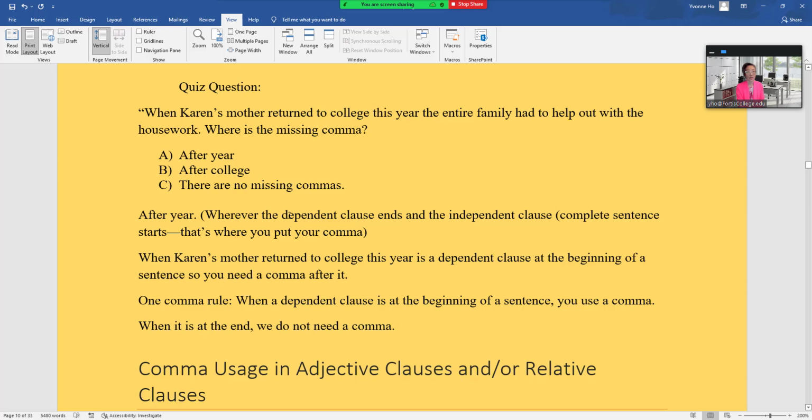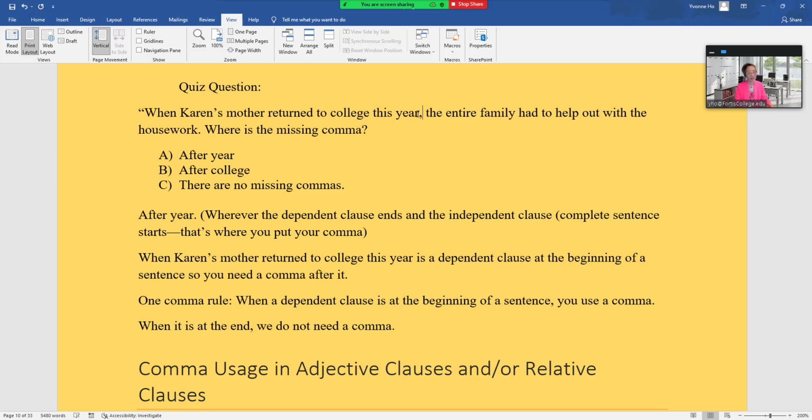Quiz question. "When Karen's mother returned to college this year, the entire family had to help out with the housework." Where is the missing comma? So remember, I just told you that when the dependent clause is at the beginning of the sentence, that's where we put the comma. So "When Karen's mother returned to college this year, comma, the entire family had to help out with the housework." So therefore the answer to this one is after "year," okay, because that's where you have the dependent clause.